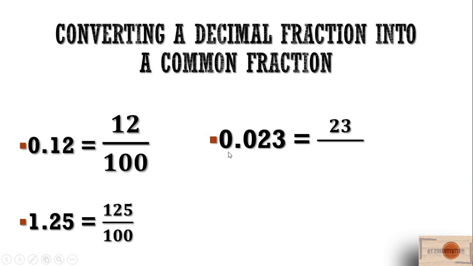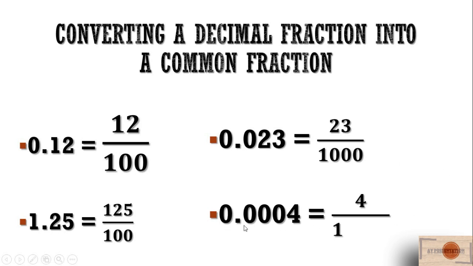Next example, 0.023. Here the number is 23. Write 23 in the numerator place. Then count the digits from the decimal point. Here 1, 2, 3 means give 1 and three 0s.